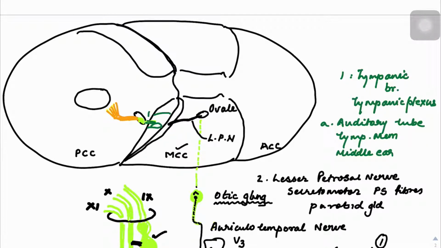One is the communicating branch, that is between the 9th and the 10th cranial nerve. So they are exchanging the information. Then there will be the first branch that we described, which was the tympanic branch.